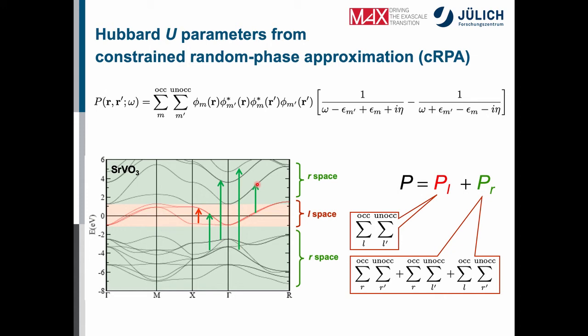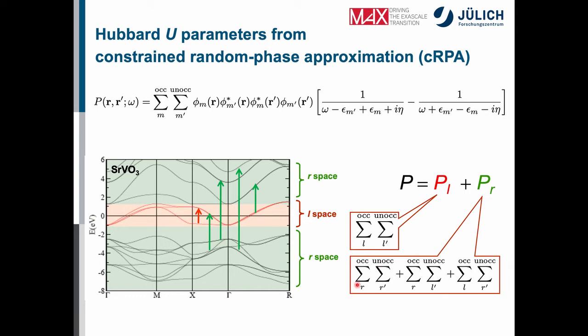By this classification, we can write the polarization function as a sum of two terms, P_L, which contains the red excitations, and P_R, which contains all the green excitations.